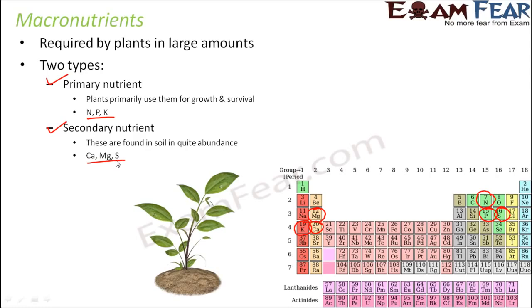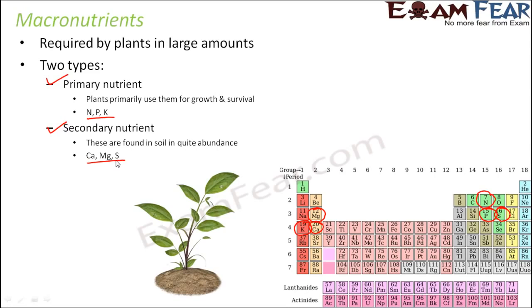The only difference is that in primary nutrients, the plant absorbs all of it at the first go, and that is why the soil mostly has a deficiency of these nutrients. Therefore, external fertilization is also needed to enrich the soil with these primary nutrients.